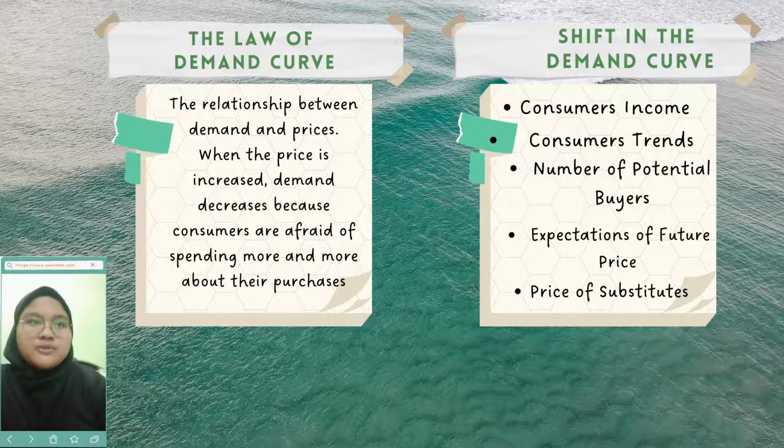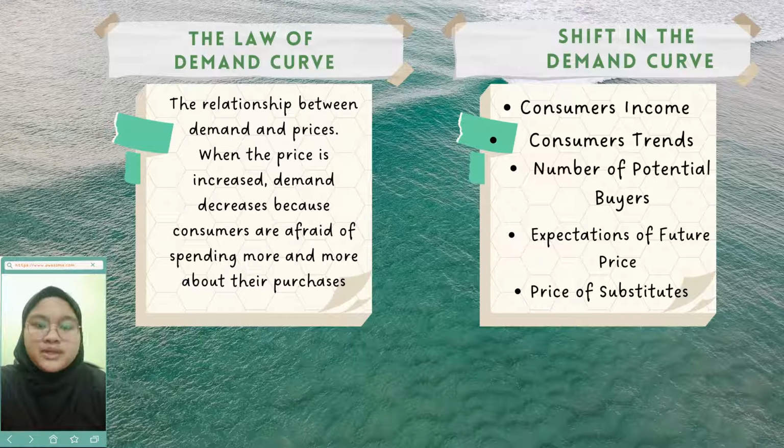Now, I want to share about the demand. In economics, demand refers to how many individuals are willing and able to pay a certain price for products. The law of demand is that the price of an item is inversely related to the amount demanded.